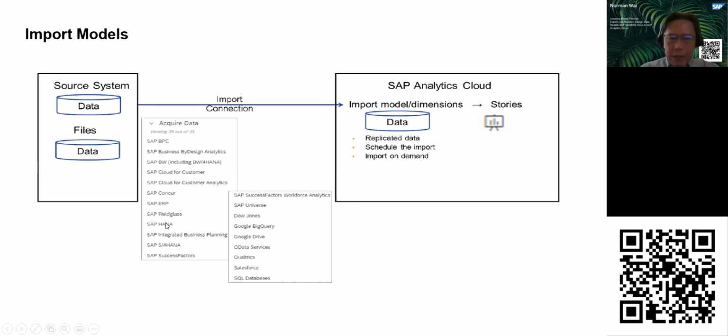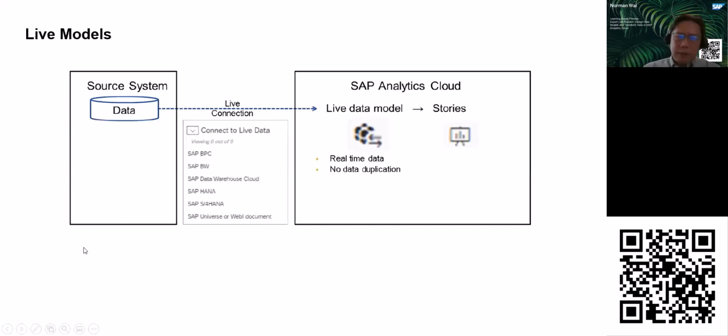Okay. Now, another type of model that is available is the live model. Okay. For companies that already have an existing solution, analytical solutions like BW or SAP HANA or S4HANA, these solutions have their own modeling capabilities, their own semantic layer.